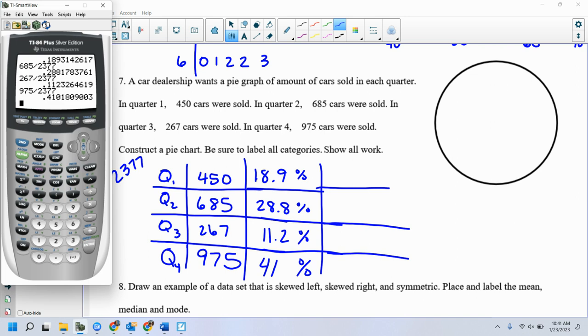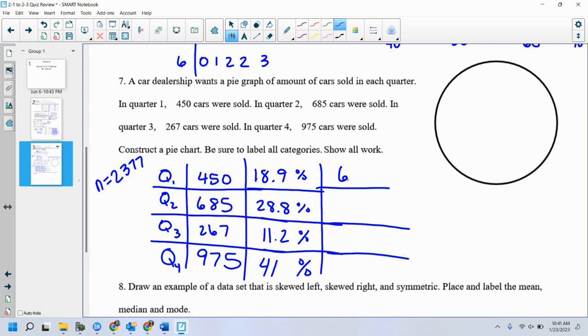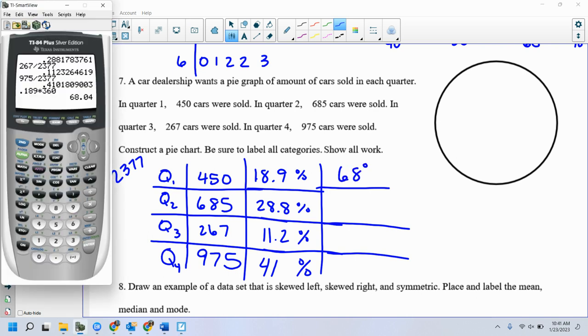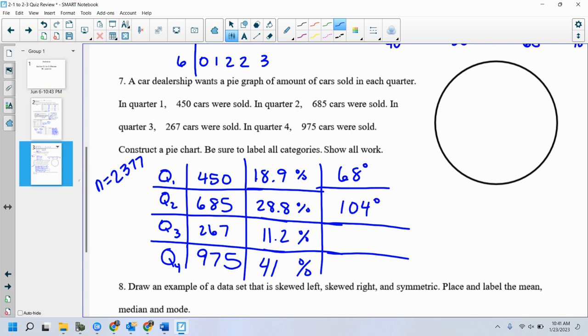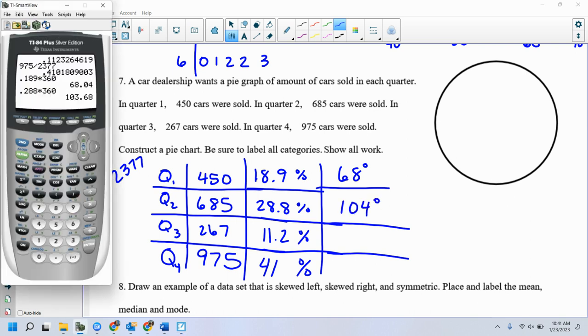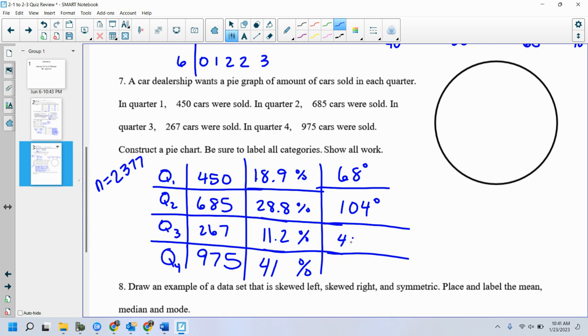So we say 0.189 times 360, and that gets us 68 degrees. And again, you can round to the nearest degree for this. 0.288 times 360 gets us 104 degrees. 0.112 times 360 gets us 40.